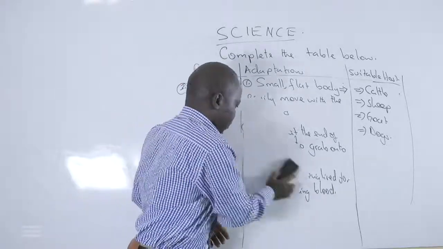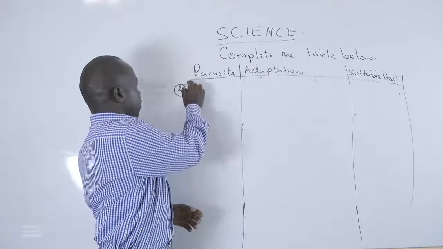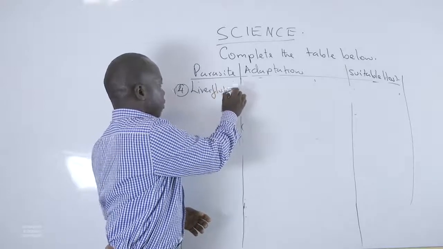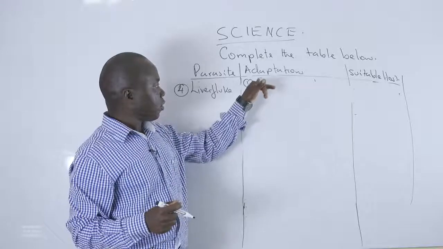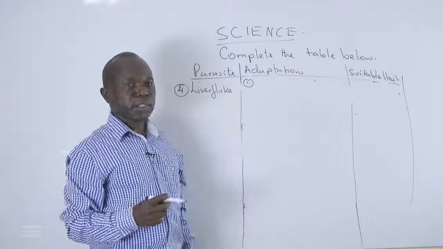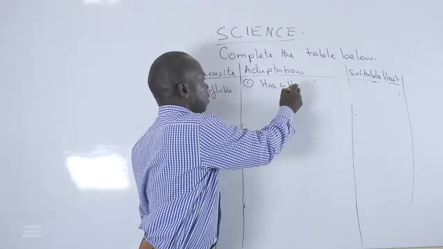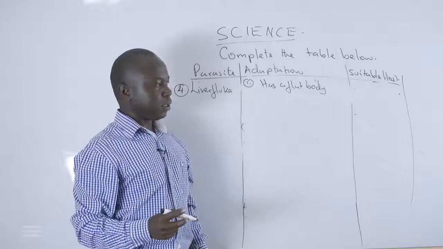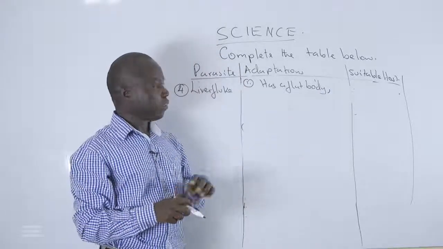The other parasite is the liver fluke. From the photos, you will see that the liver fluke has a flat body. This is important so that it can easily squeeze itself.